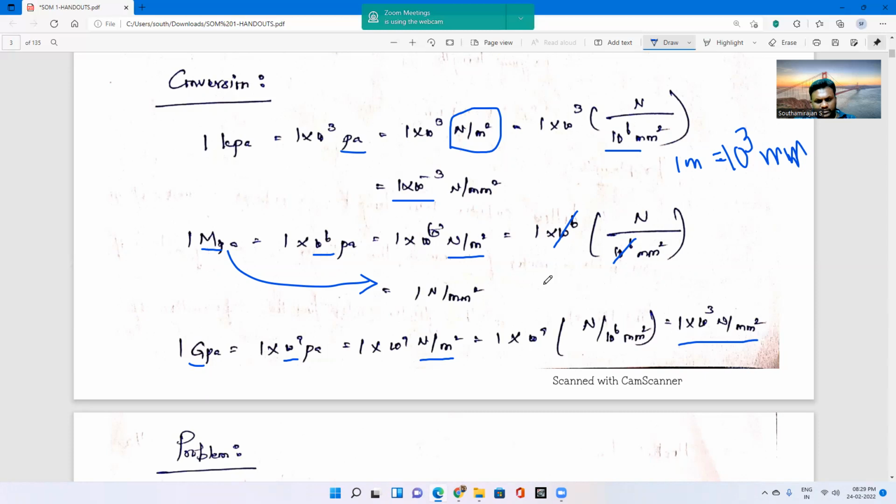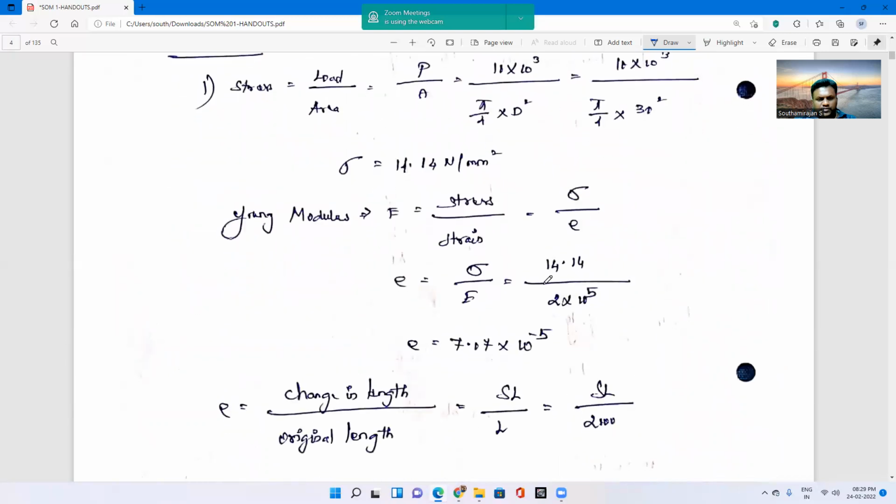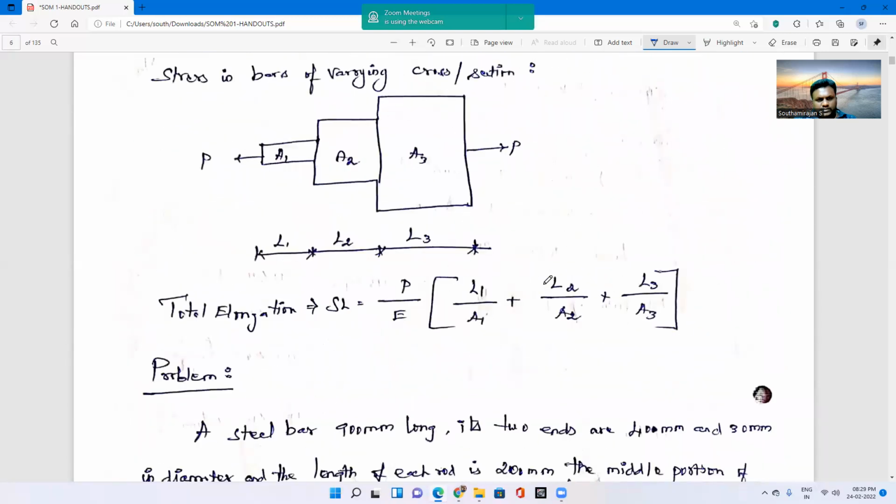Next, after making the respective conversions, we will move on to the deformation of sums. By incorporating different values, we will go through the nature of elongations for different materials by incorporating the formulas.